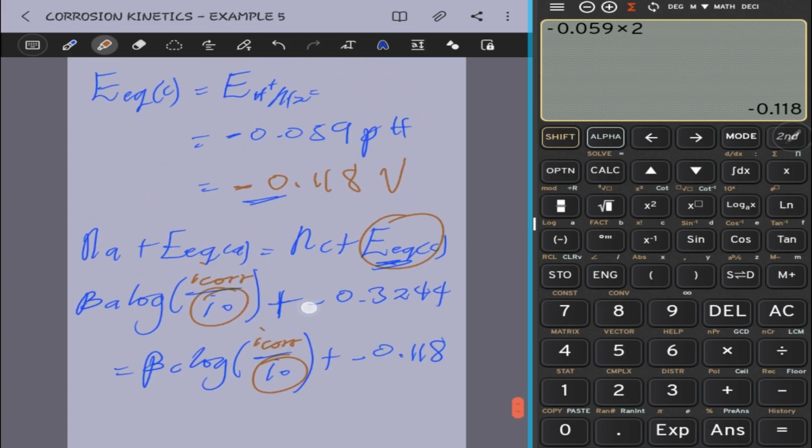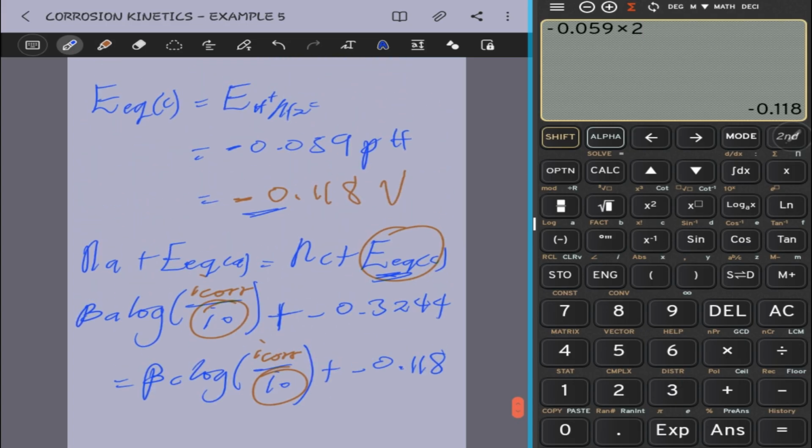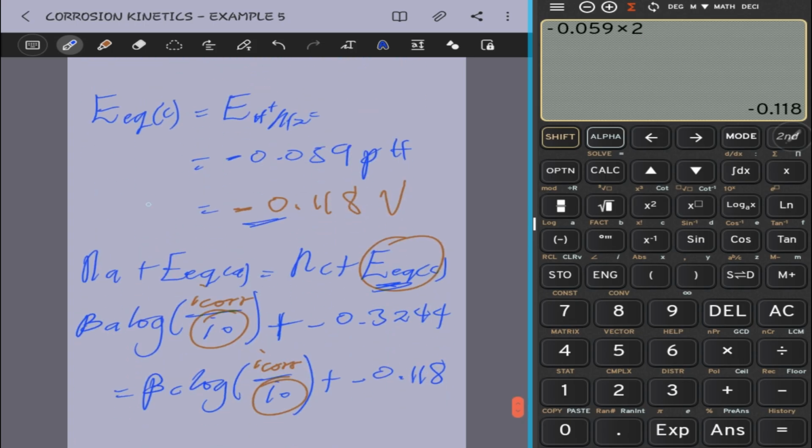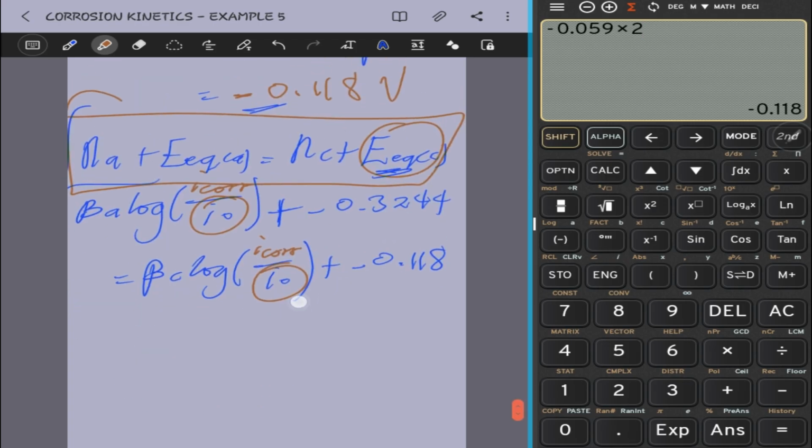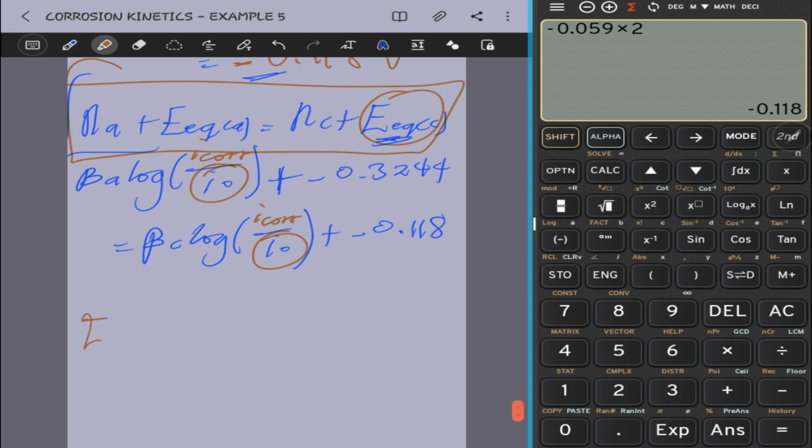We can arrange all this and we will have something in this form. Using this equation, you can just plug in directly what you're looking for, don't struggle.